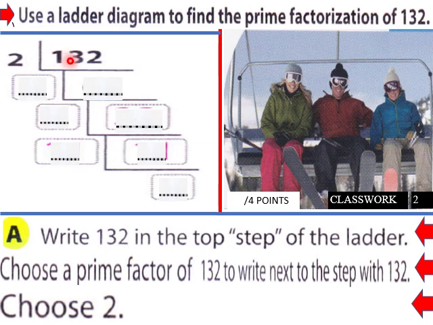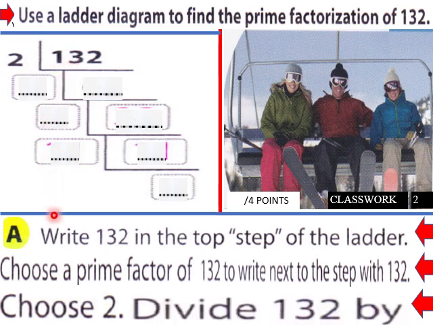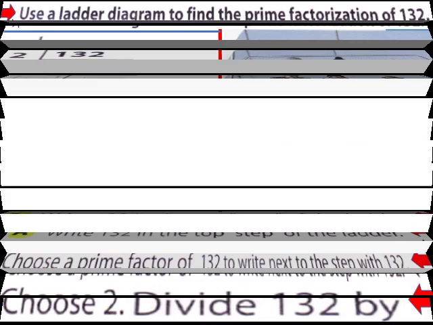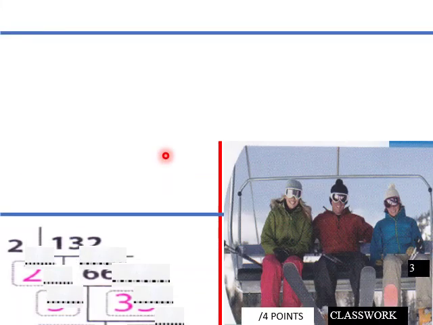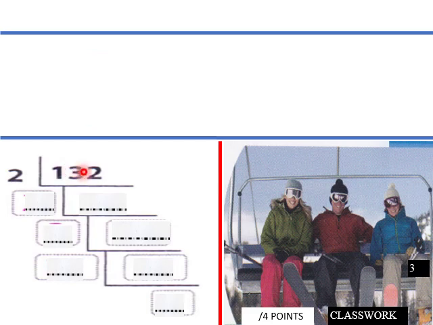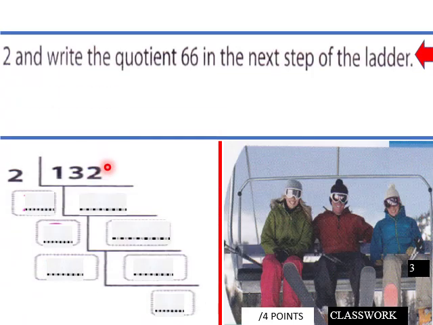How many times does 2 go into 132 is the question. So divide 132 by 2. 2 will go into 132 66 times, and write the quotient, 66, in the next step of the ladder. 2 times 66 would be 132.